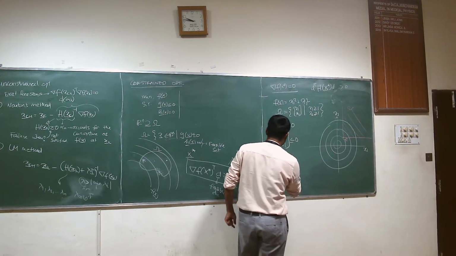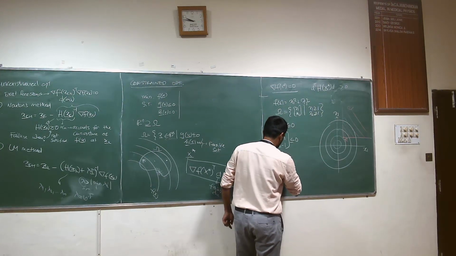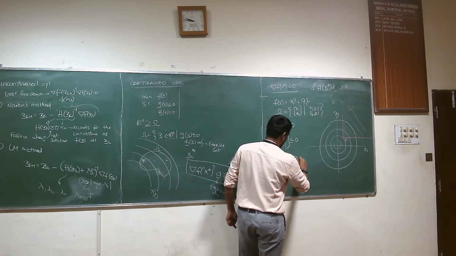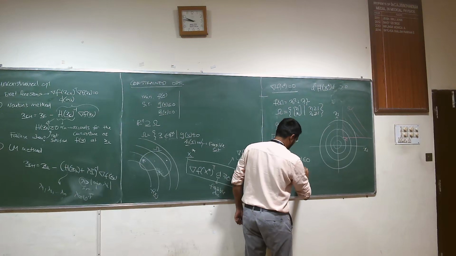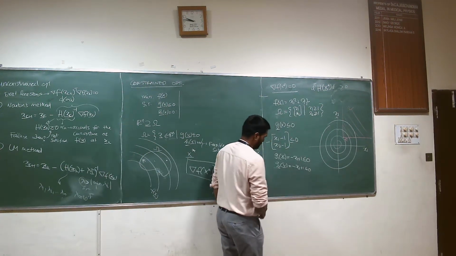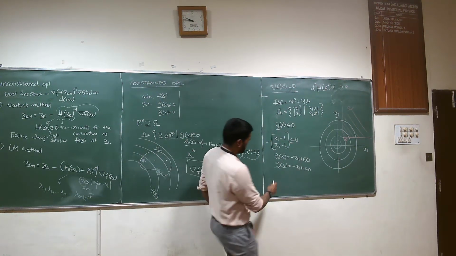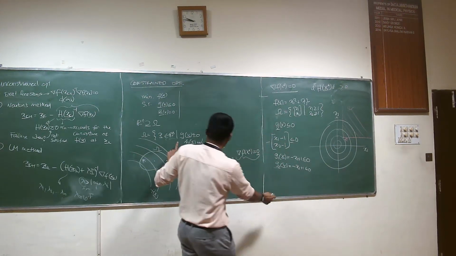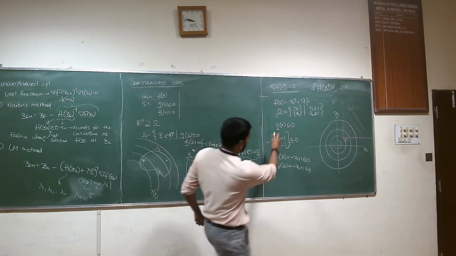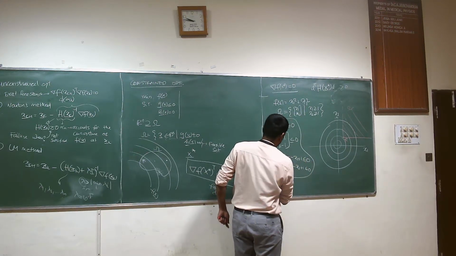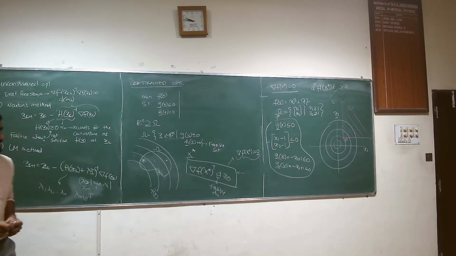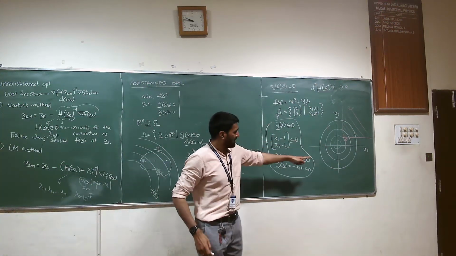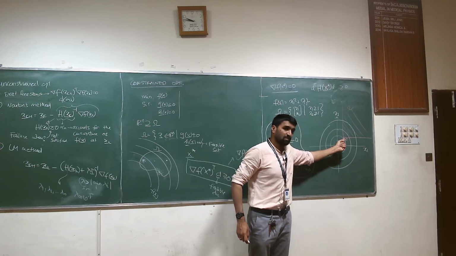Just for completion, I will write it like this: g1 of x equals minus x1 plus 1. If you simply apply it here, the set of all points that satisfy this gives you that. And now we are interested in finding out whether this point is actually a minimum.